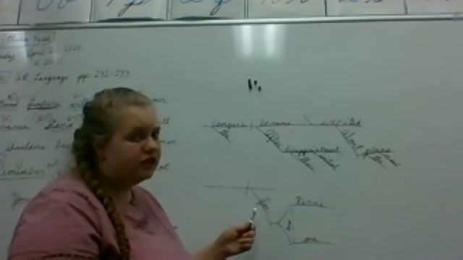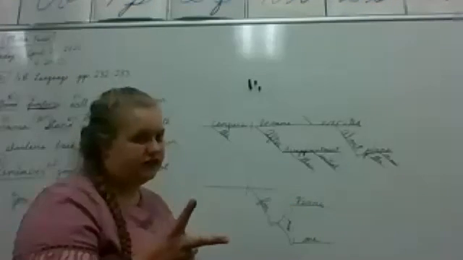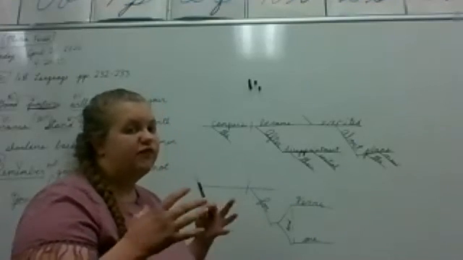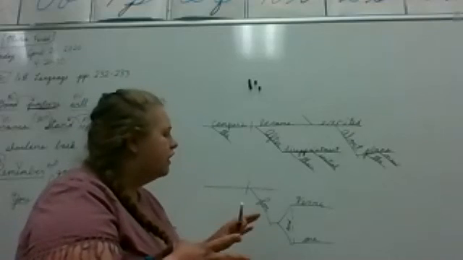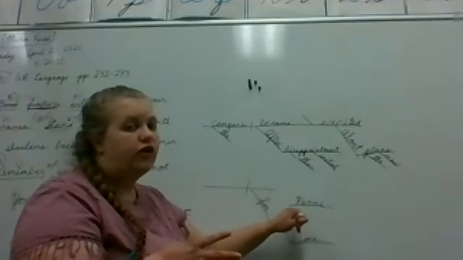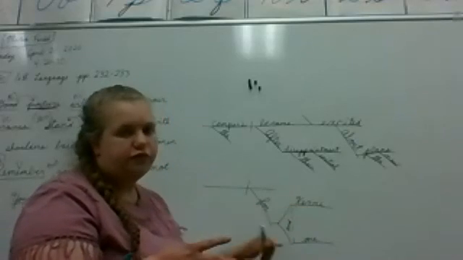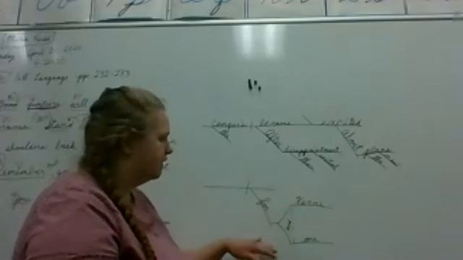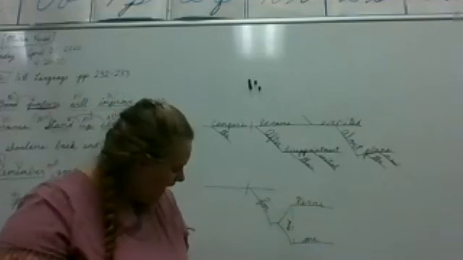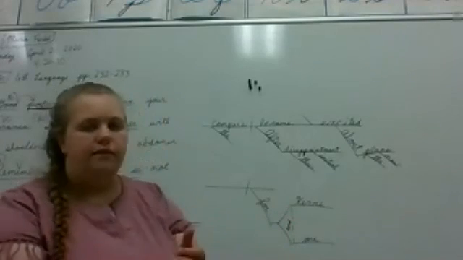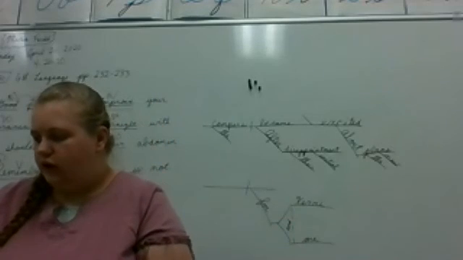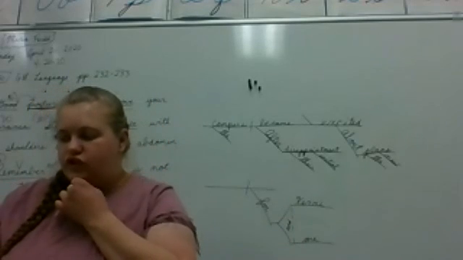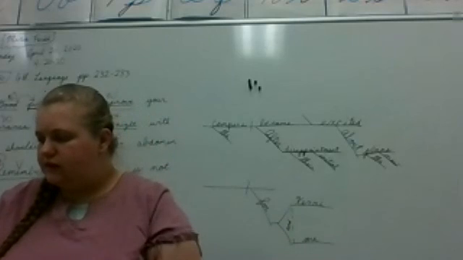You'll never have two prepositions in the same phrase, and they don't do compound prepositional phrases. But they will do a compound object of the preposition, the nouns or pronouns that are at the end of that. So I want to just point that out, and you could even write that one down if you need that to remember.